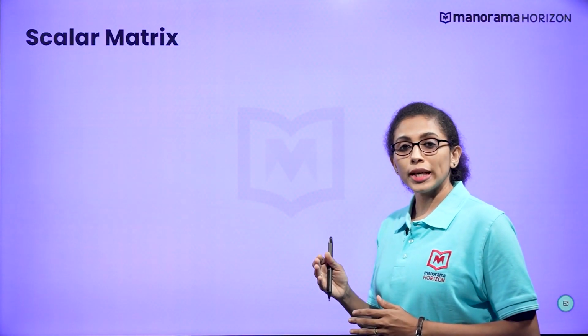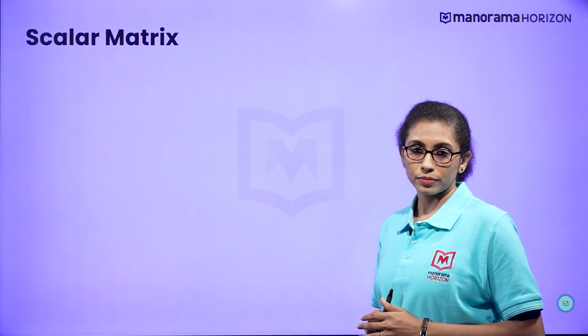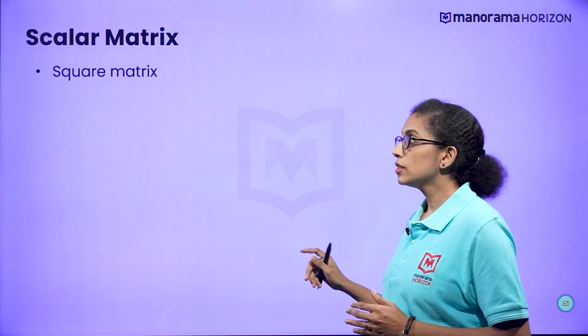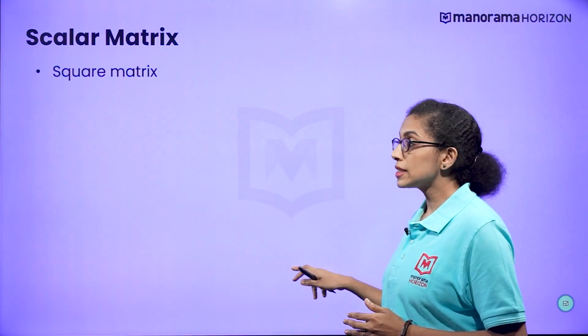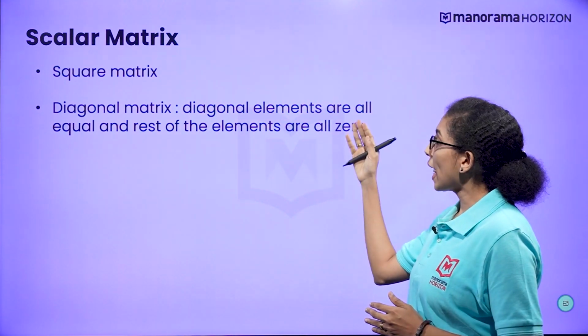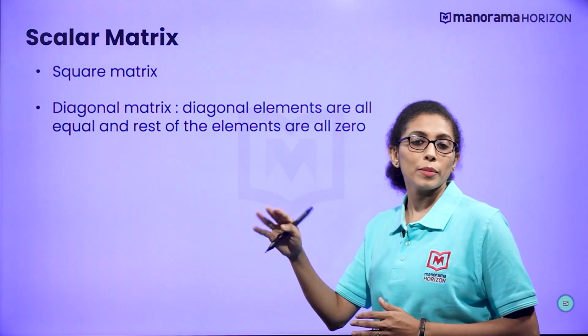Now come to the next type of matrix, that is the scalar matrix. A scalar matrix is again another square matrix. More accurately, it is a diagonal matrix where the diagonal elements are all equal and the rest of the elements are all 0.